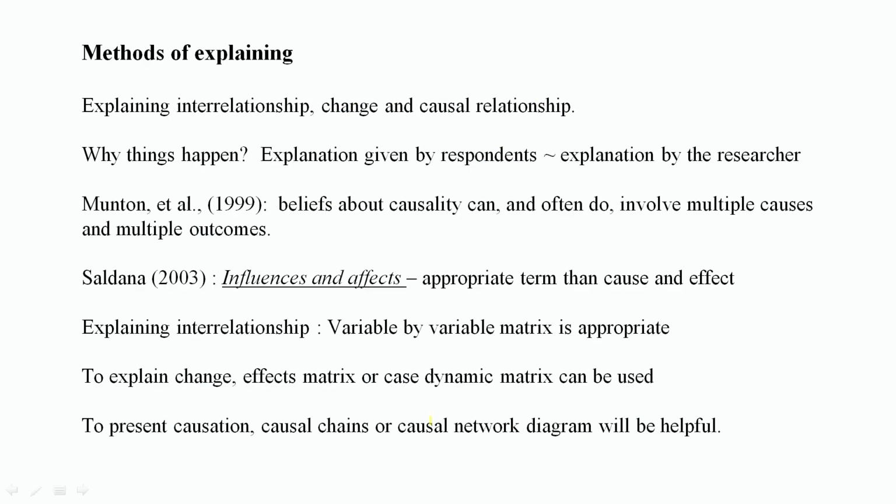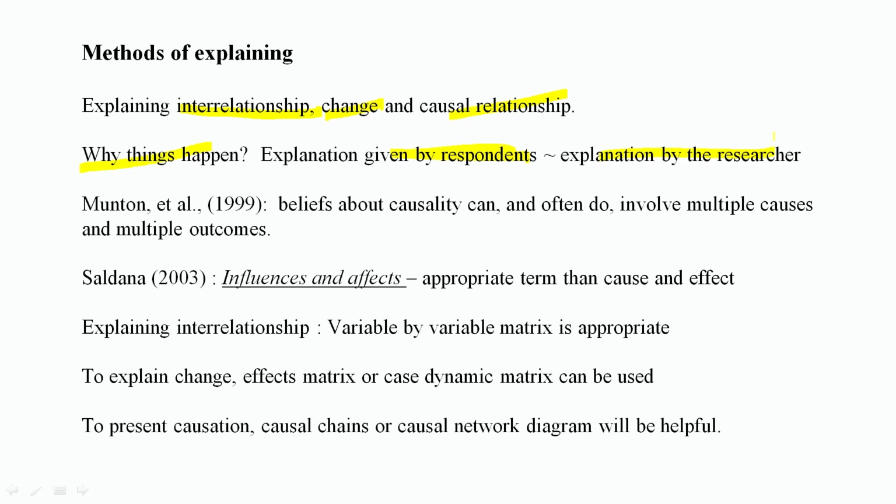So, let us now enter into the scientific way of explaining. What are we explaining? Interrelationship, change happening in an area, or causal relationship. What will we observe? Why things happen and what explanation is given by the respondent, and how the researcher is going to present the explanation.